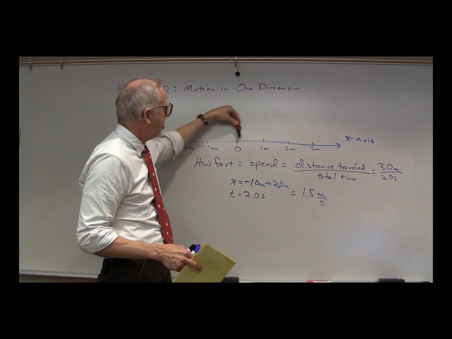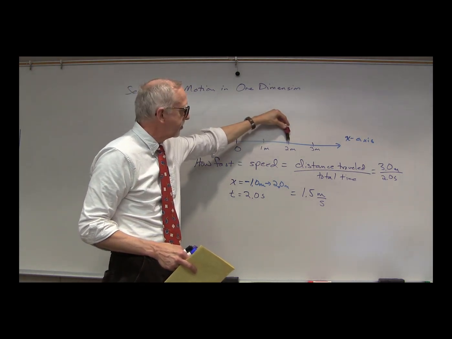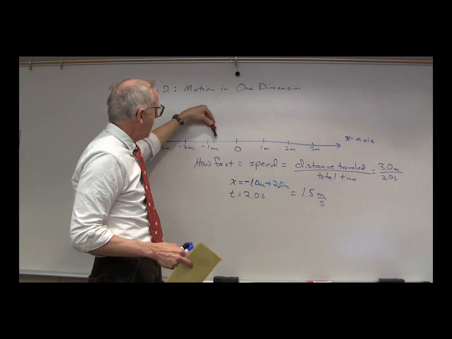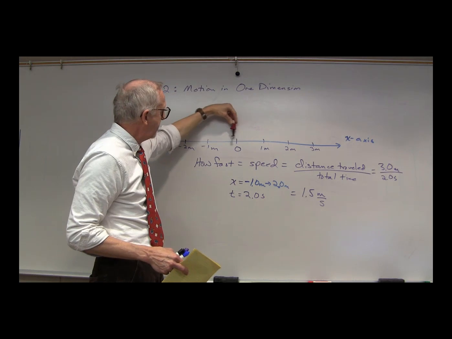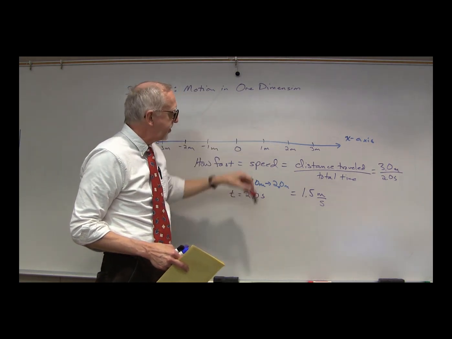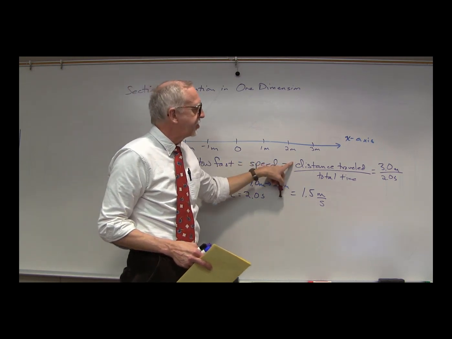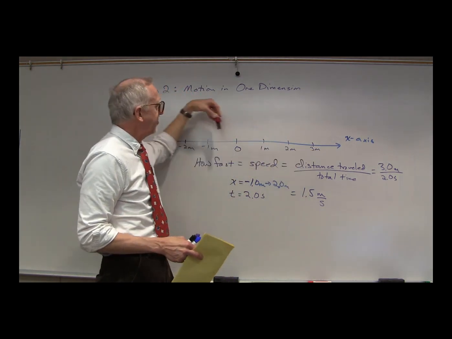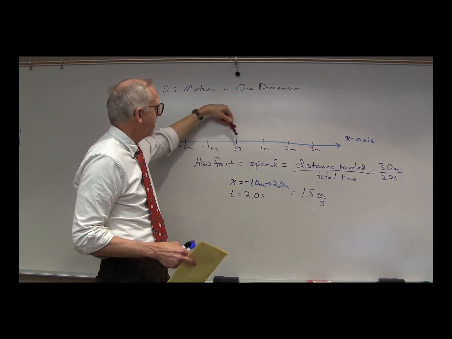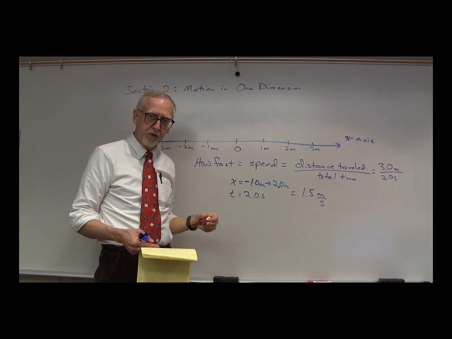Now if that's exactly what the motion looked like, then the distance traveled really is 3 meters. But what if the person came over this way and then came back and then moved around and then ended up at 2 meters after a total time of 2 seconds? Well, then the distance traveled will not just be 3 meters. It will be some amount and then some more and then more this way, this way, this way. The distance traveled in that case would be much more than 3 meters.